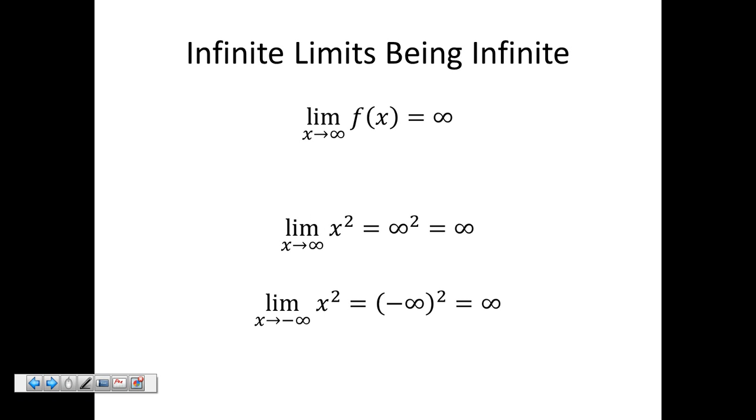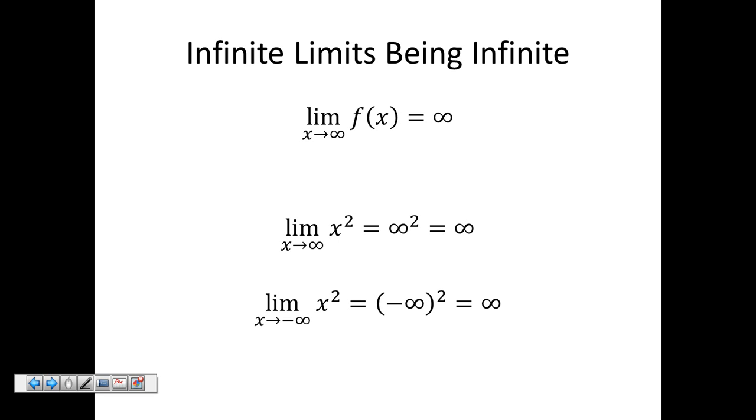All right, so let's take a look at infinite limits being infinite. We have the limit as x goes to infinity. Well, a lot of times, that equals infinity. If we plug in a really big, huge number, we get out a really big, huge number. You know, x squared: you take 10 bazillion and square it, it's just going to get even bigger and scarier.